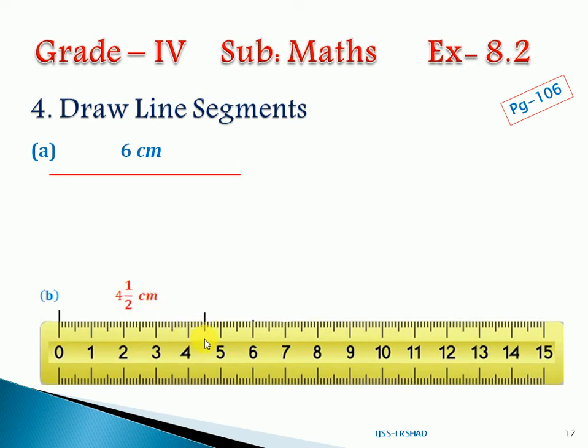With the pointer I am trying to show you. Just look at this properly. 4.5 means just in the middle of 4 and 5. So this is the mark for 4.5. So now what we have to do, trace a line along the edge of the scale from 0 to 4.5 like this. So with the blue color here we have drawn a line of 4.5 centimeter. Same like this you can also do it.